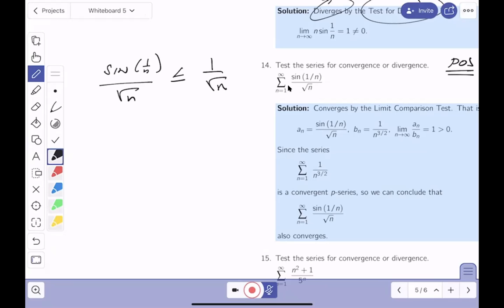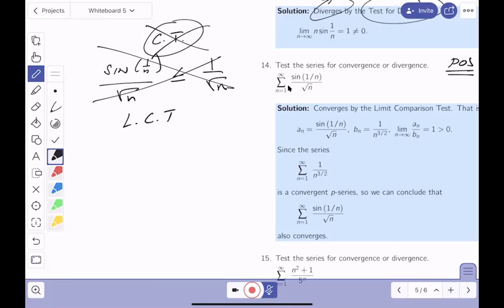No, I'm not going to use a comparison test for that because I don't want to do this thing. But I do know there's a comparison between the two, right? But the limit comparison test would be good, but the comparison test would be bad. So I'm not going to use the comparison test. I'm going to use the limit comparison test. A little bit easier for me to do.